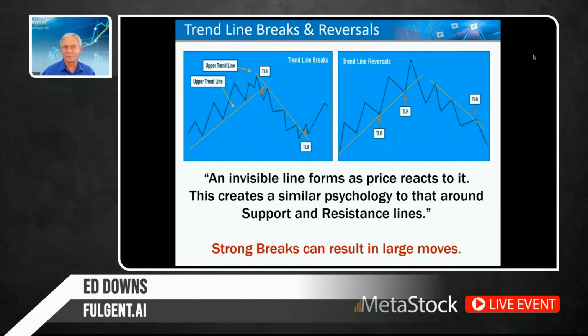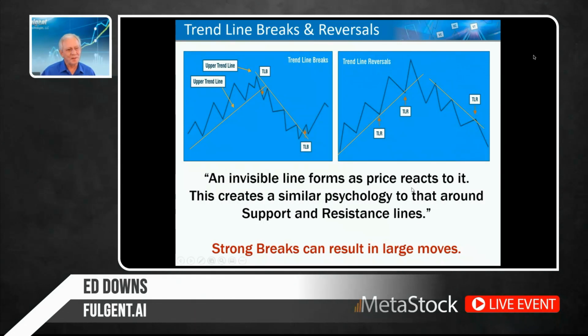It's whether the market sees it. But this is a really important formation. And I said down here that strong breaks can result in very large moves, and they can, because again, the market gets fearful if it's going down through a trend line, and really excited if it's going up through one. Sorry, I've got some Austin allergies affecting me today. We've got a lot of rain going on, but I'll be okay.